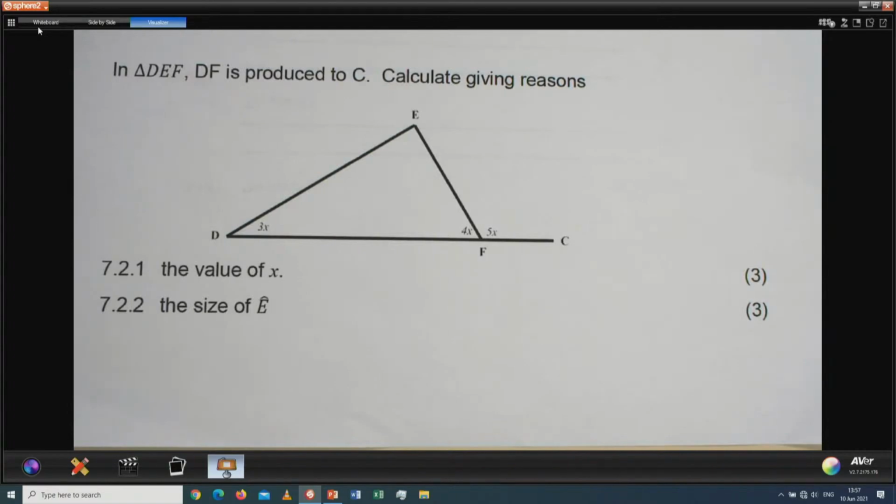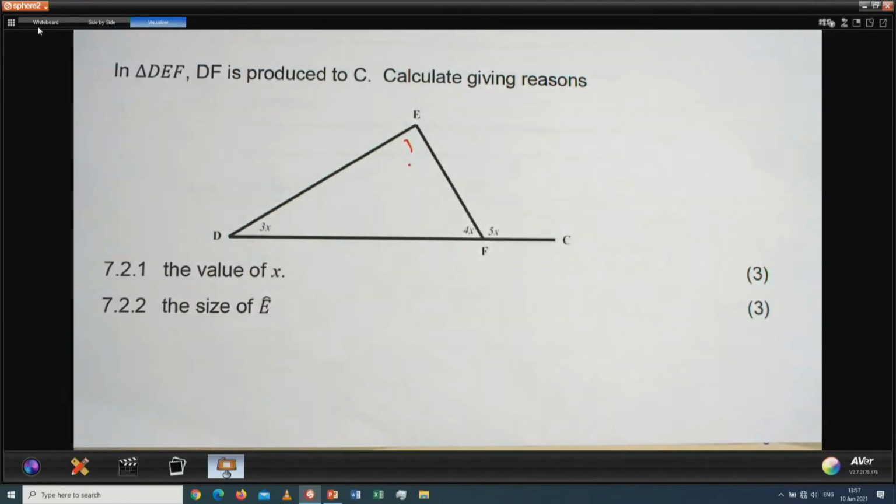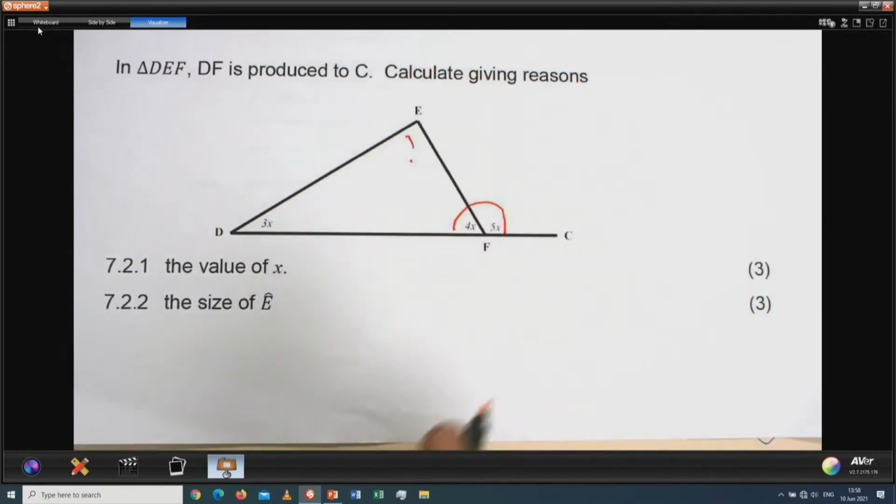I see a triangle, but now it's not assisting because I don't know what is going on there. What else do I have? Where else is X? Oh, I see X on a straight line. X on a straight line.